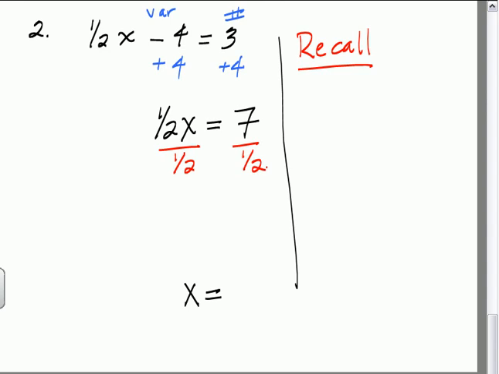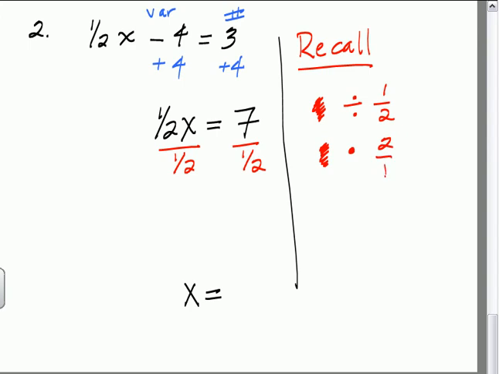Now, many of you may be going, ooh, that's kind of ugly. That's kind of scary looking to me. So let's do a little bit of recall, and I'm going to show you that you already know the shortcut here. Recall back when we were talking about fractions. If you have whatever number and you're dividing by a fraction, and in this case it's 1/2, that is the same thing as taking that same first number and multiplying by the reciprocal.